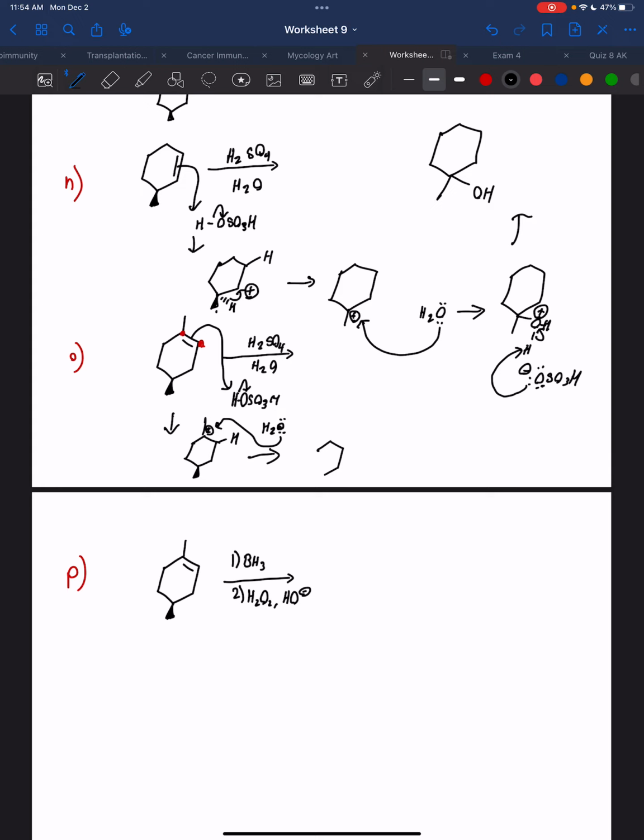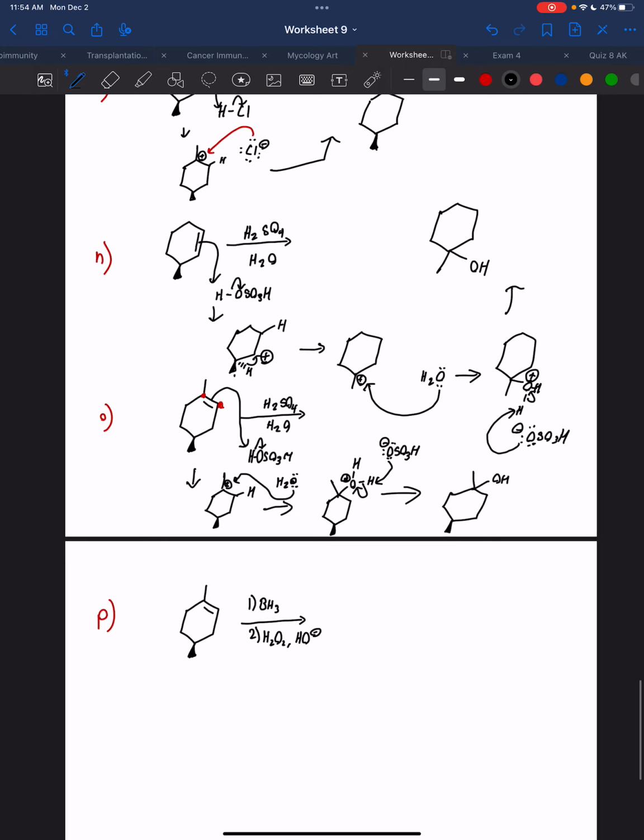Our nucleophile comes in and attacks. And we kind of make a good leaving group right here, but I don't want this to leave. And so what I'll do is bring back SO3H minus. From one of those electrons on oxygen, I will take away any of these hydrogens and deprotonate. And so my final product will look like this. And I believe there's no stereochemistry here, so just that.